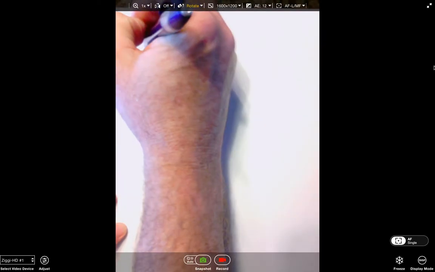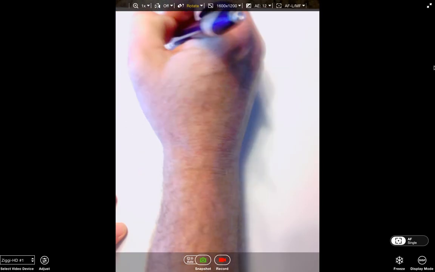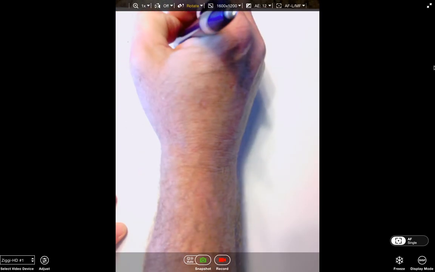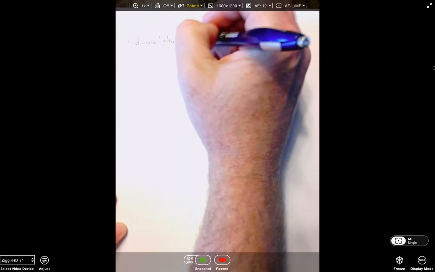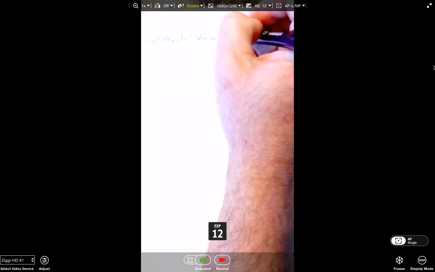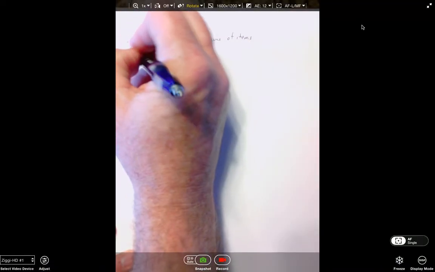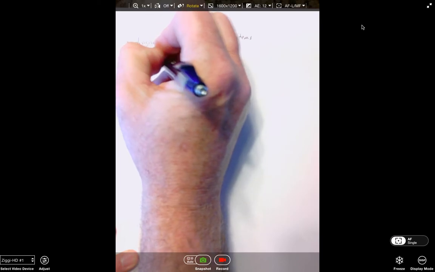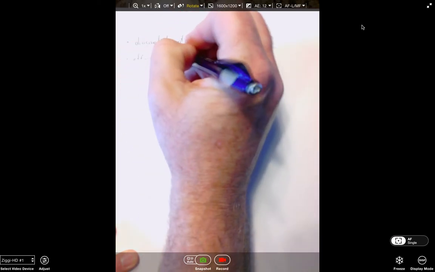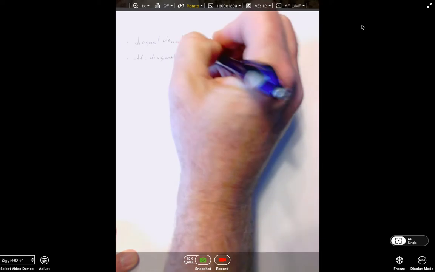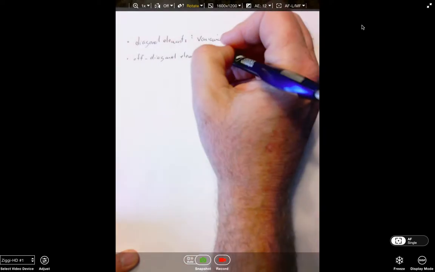The diagonal elements give us the variance of the items, and the off diagonal obviously give us the covariance.